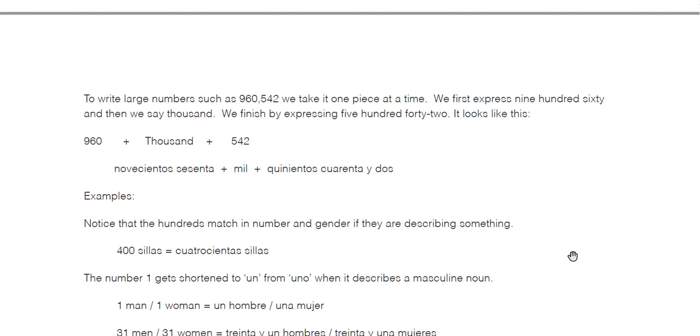So to write large numbers, such as 960,542, we take it one piece at a time, just like we do in English. We first express 960, right? For that big number, the very first thing we do, as in English, we say 960. And then we say 1,000, where that comma is, right?